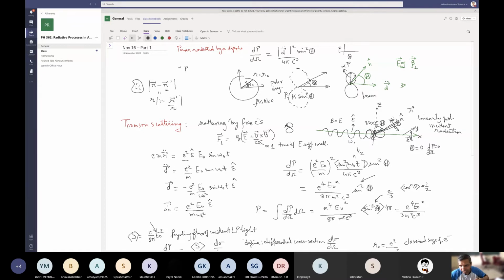This figure 8 is not rotated about this axis. It's rotated about this axis. The symmetry axis is Z. So you will have maximum power in the X hat and also the Y hat direction. In the full XY plane, actually, you will see maximum power. Do you get what I'm trying to say?